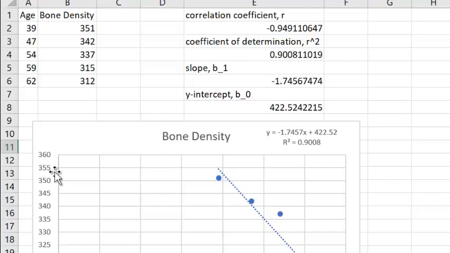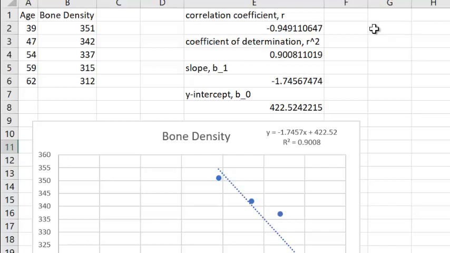Now, if you use this second strategy I just showed you, do you see I do not have the correlation coefficient? So if you wanted to work backwards, you could find the square root of r squared. Now the tough part is it's always going to give you a positive answer. So you would have to know here that if the slope is negative, well then the correlation coefficient is also negative.